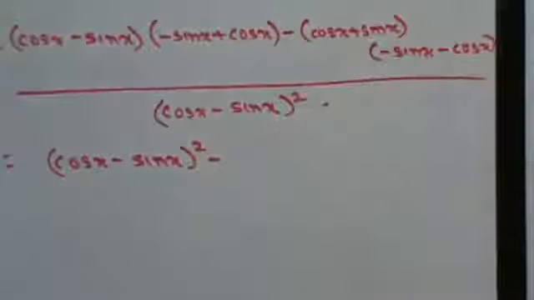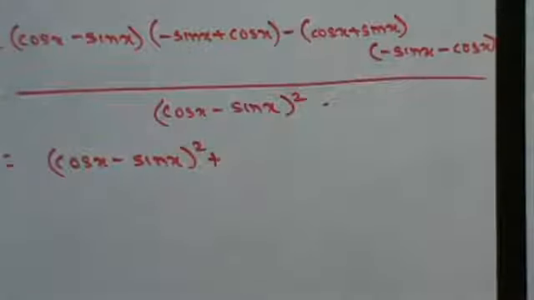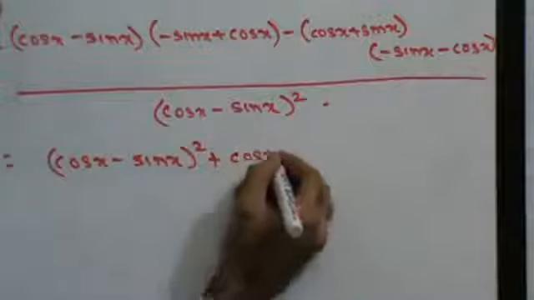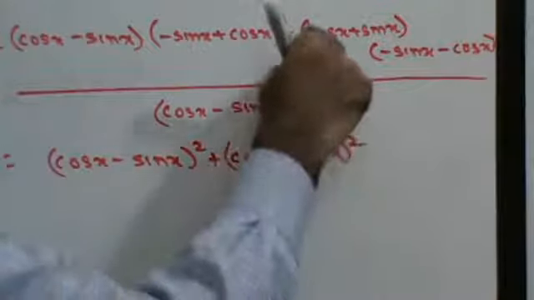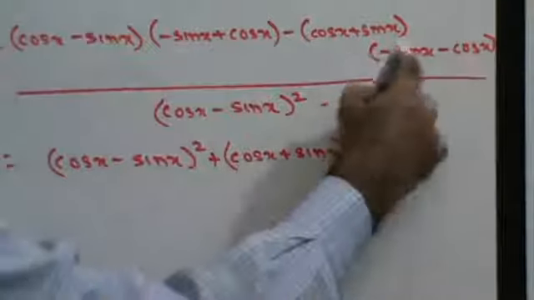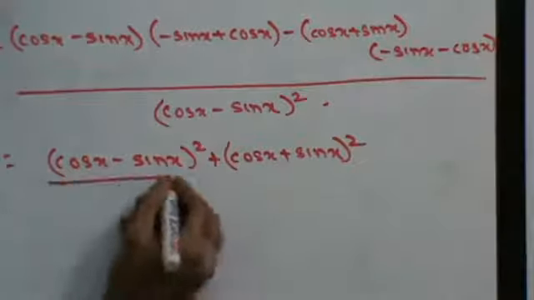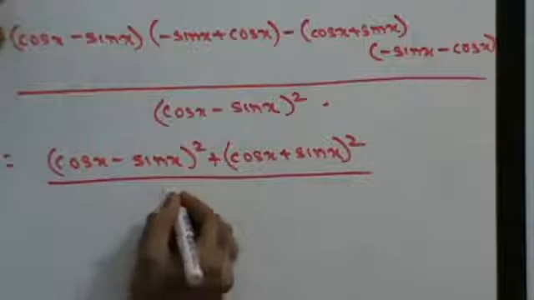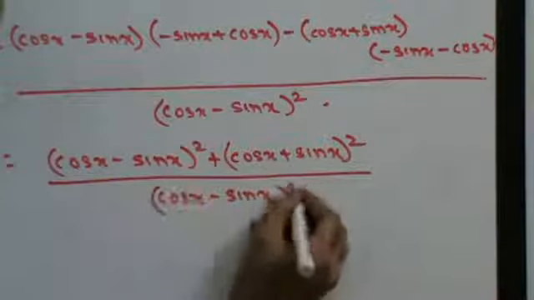Now between these two terms I can take minus sign common. If I take the minus sign common, this will become plus. So this will become cos x plus sin x the whole square, because I have cos x plus sin x here. Minus sign I have taken common out here, so this will again become cos x plus sin x upon cos x minus sin x the whole square.